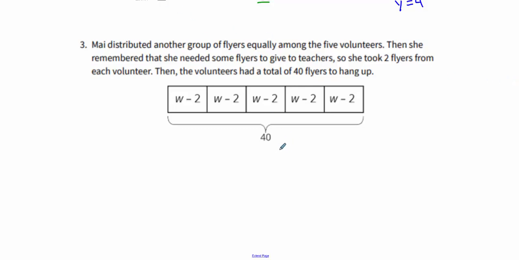So this number, 40, is the number of flyers after she took 2 away from each volunteer. So she gave some to each volunteer, took away 2 from each volunteer, and ended up with 40.